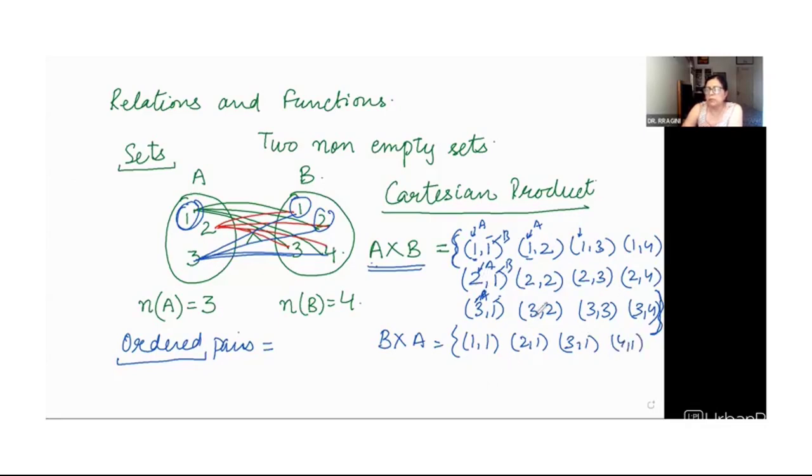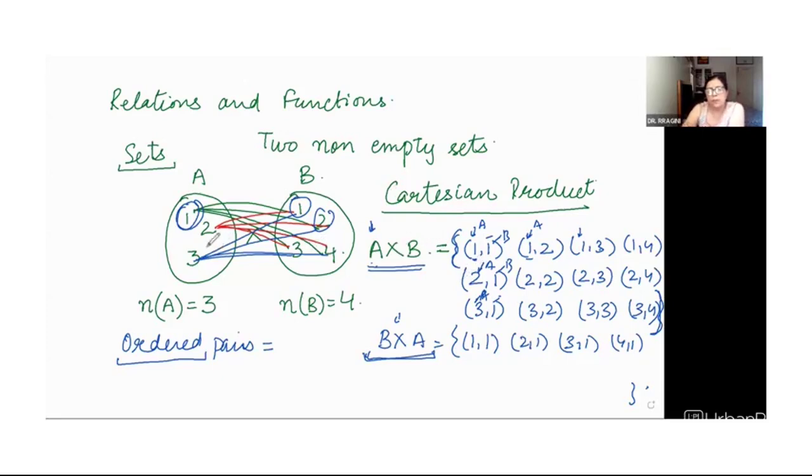Similarly, we can write all these in the reverse order. So this is called the ordered Cartesian product, and the output of the Cartesian product is written as the set of ordered pairs in the order given here. If it is A cross B, elements of A at first position, elements of B at second position. And here it's vice versa, right? So these are the ordered pairs.